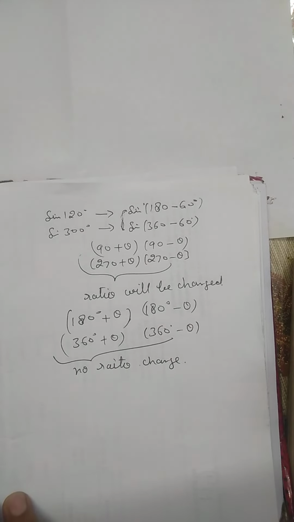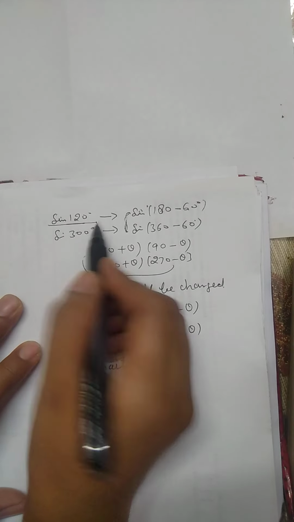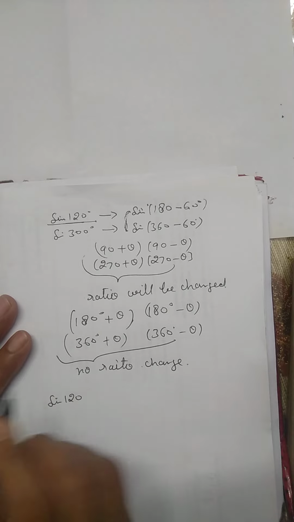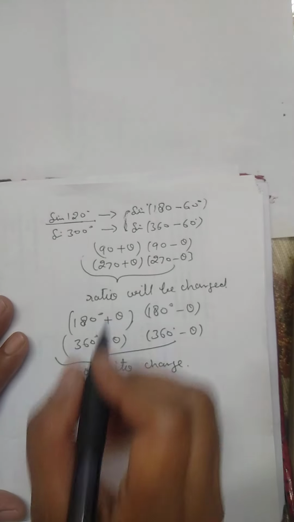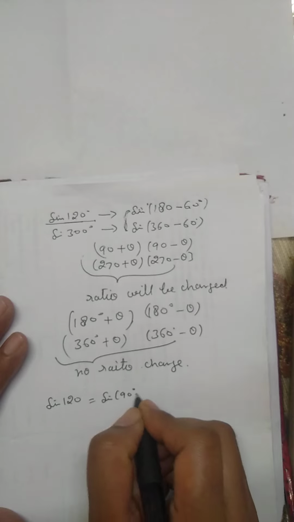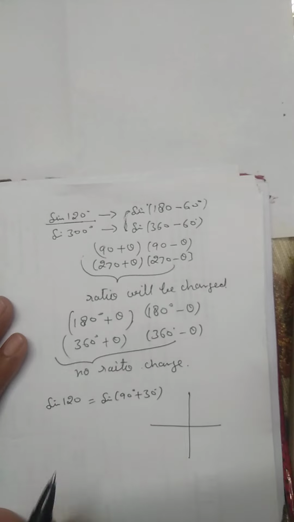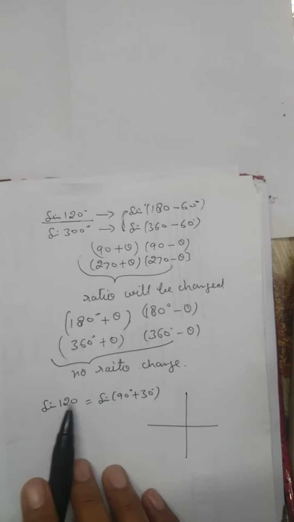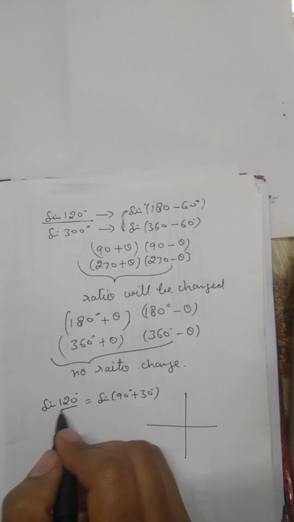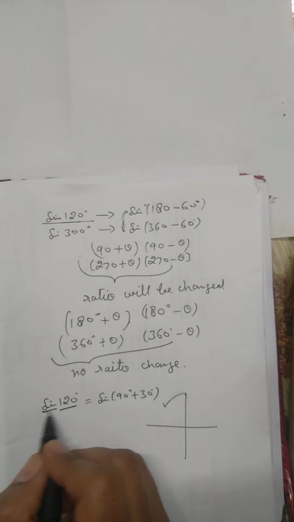Now I will tell you how we calculate the value of sine 120. First of all, I am taking the 90 degree way, sine of 90 degree plus 30 degree. First of all, we will see in which quadrant 120 degree lies. We know that 120 degree lies in the second quadrant and our ratio is sine.